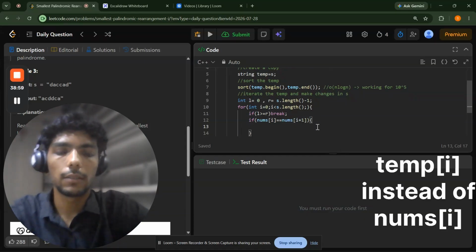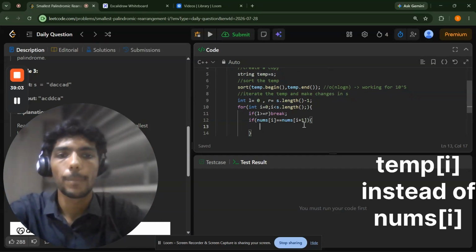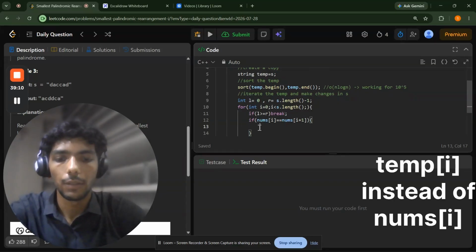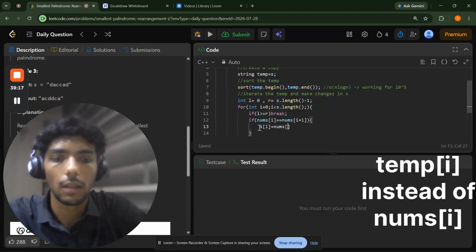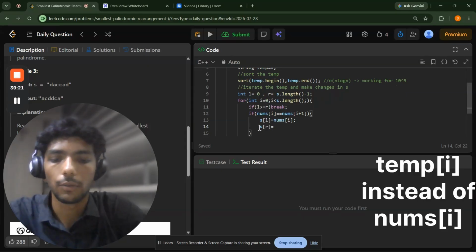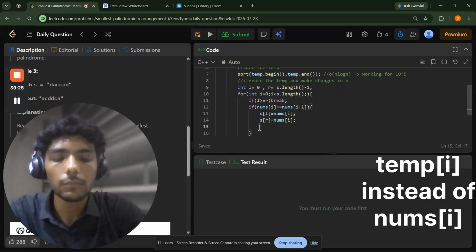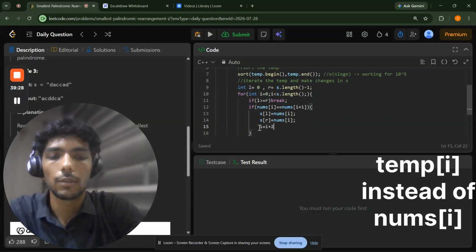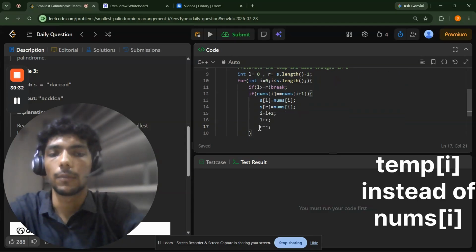If that's the case, S of L equals nums I, S of R equals nums I, I equals I plus 2, L plus plus, R minus minus.